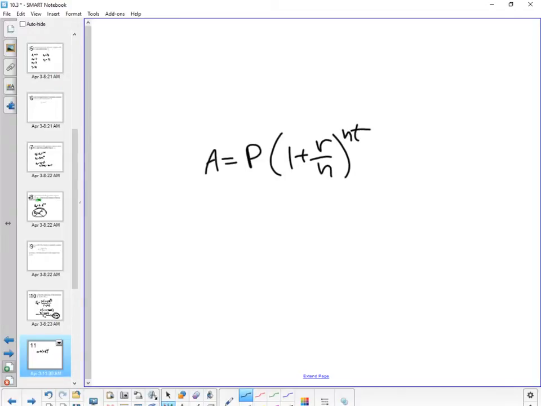That's our compound interest formula. This formula was from interest. We're trying to find interest. So it's compounded interest, and we can compound monthly, annually, weekly, daily, and then we have continuous compounding, right?